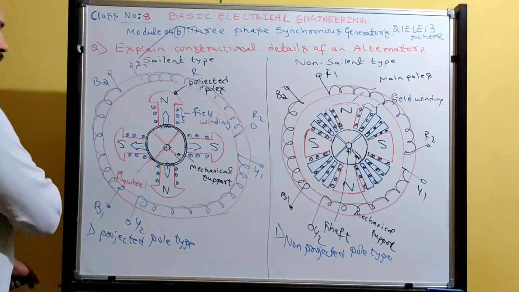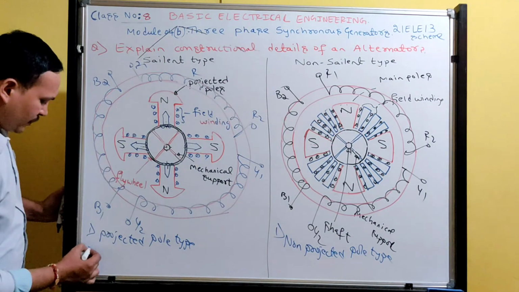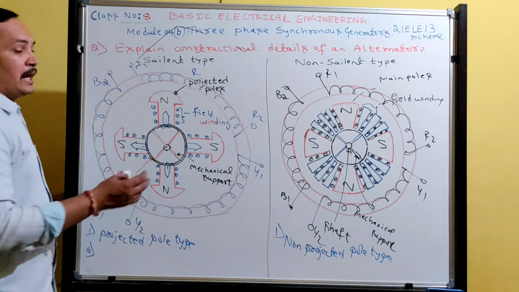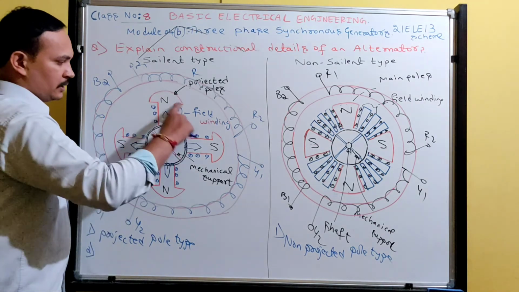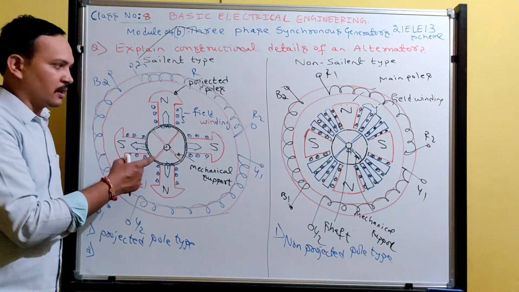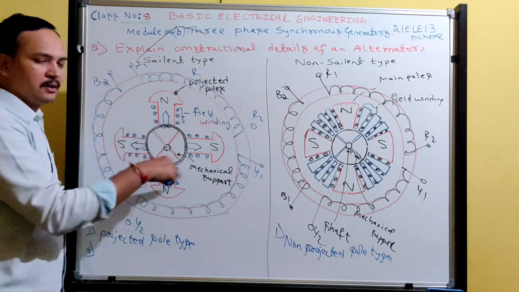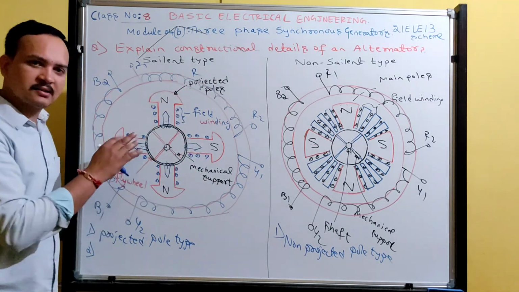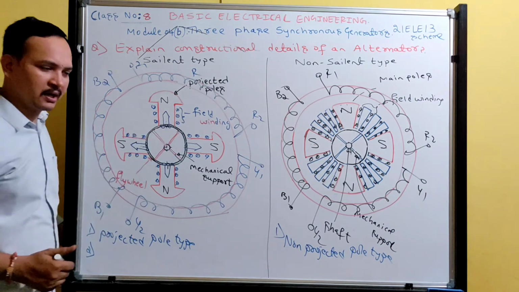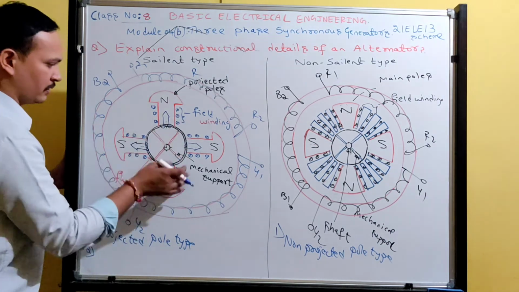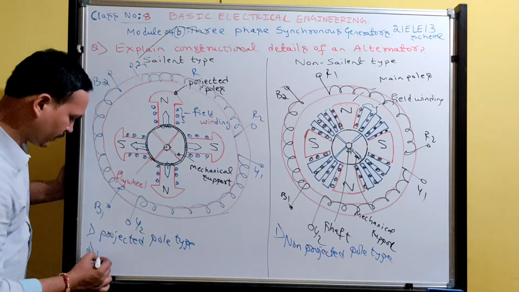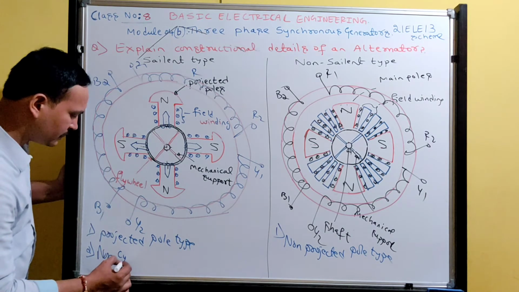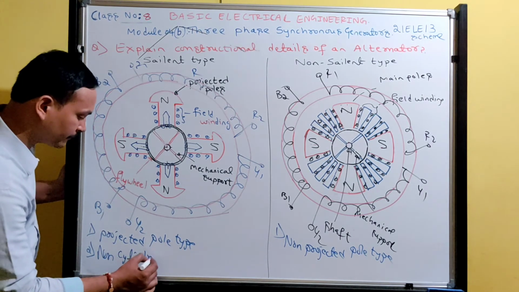Got it? So next is key point number 2, another name. The salient type alternator is not an exact circle, so it is non-cylindrical in structure, because a lot of gap is there. You can write non-cylindrical rotor.